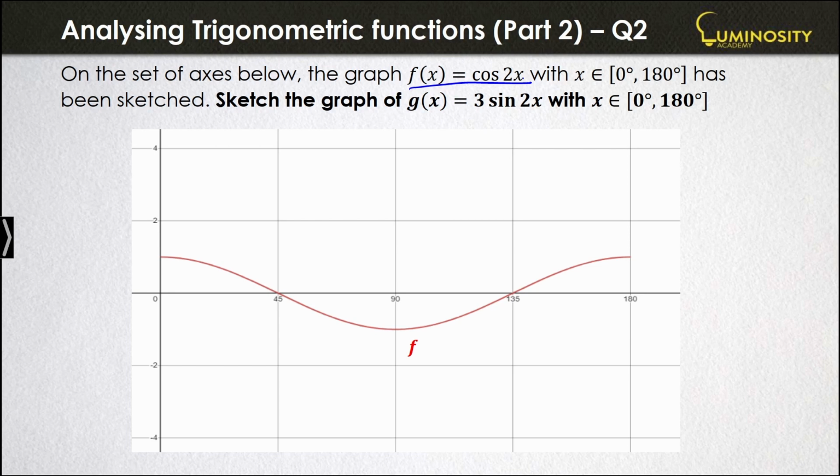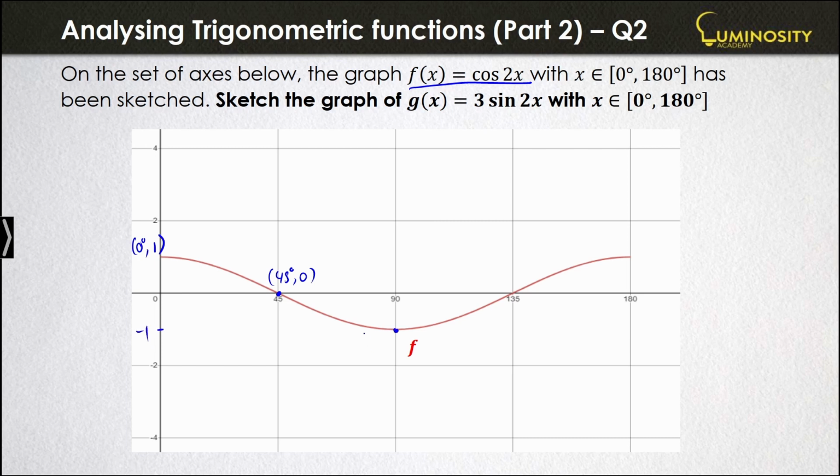Let's just plot the points that we can see, right? So at 0 degrees, if I plug in cos of 2 times 0, that's cos of 0, which is 1. If I put in 45 degrees, 45 times 2 is 90, and cos of 90 degrees is 0. So that makes sense here. That's an x-intercept. At 90, 2 times 90 is 180, and the cos of 180 is negative 1.